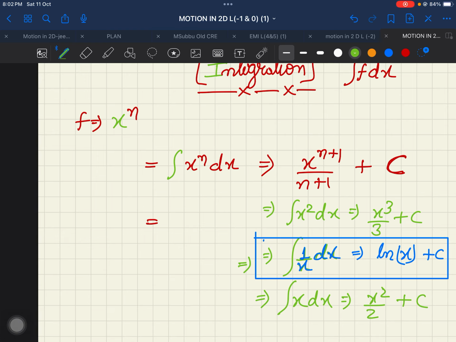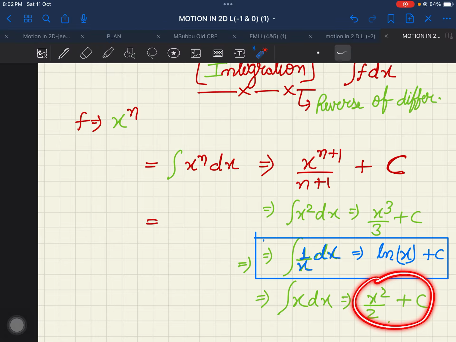All right, so integration is just the reverse of differentiation. How? If you differentiate the right side, meaning d by dx, then you will get back your integrand function.